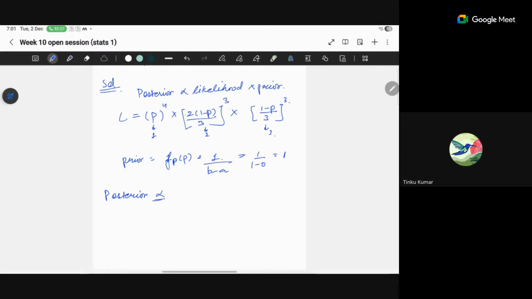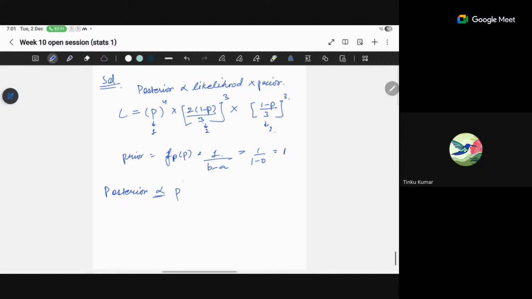All the constant terms like 2 by 3, I can ignore. So I can write it as P raised to the power 4, 1 minus P raised to the power 3, and 1 minus P raised to the power 3 into 1. Is this step clear? Ma'am, I have doubt. Bolo.